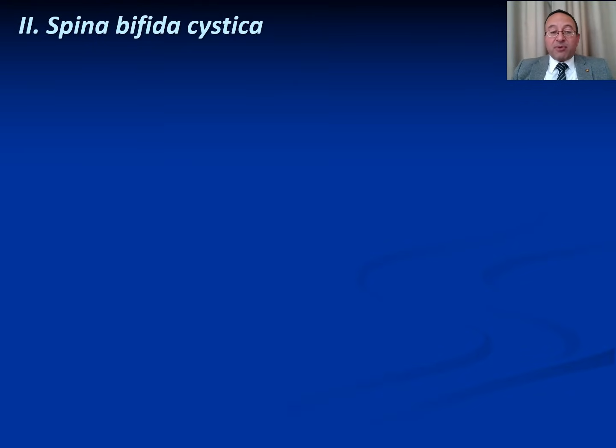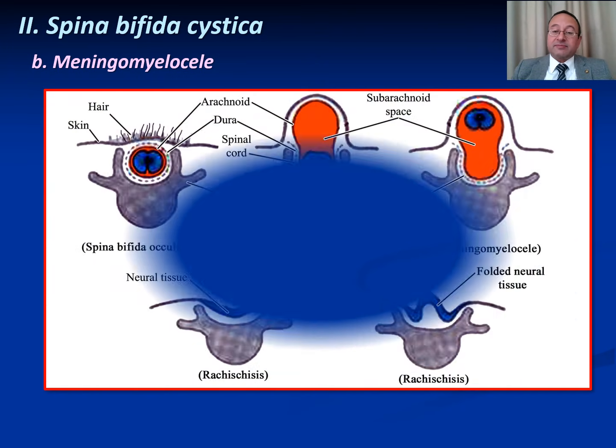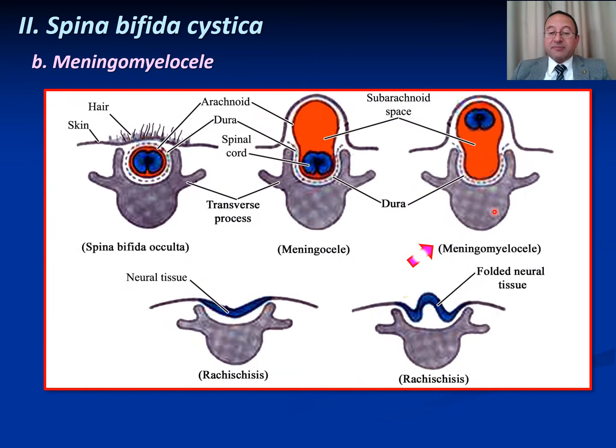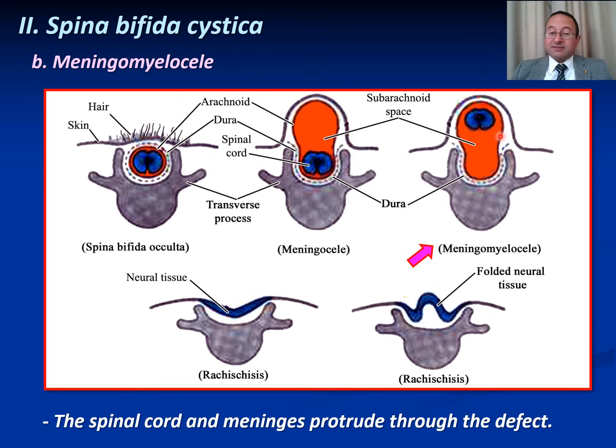The second variety of spina bifida cystica is called meningomyelocele, which is this type. Here, there is protrusion of the meninges together with neural elements.